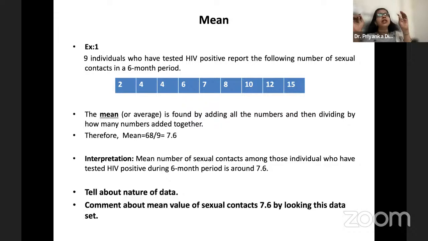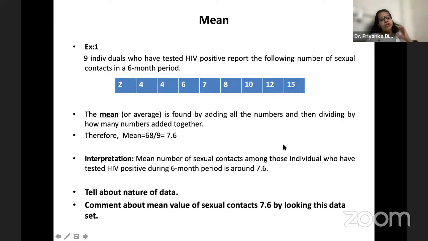But if your data set is heterogeneous, we will get a large difference between mean and median. In that situation, median will give us a better idea about the central part of the data. Is it okay? It's clear about mean and median, I hope.